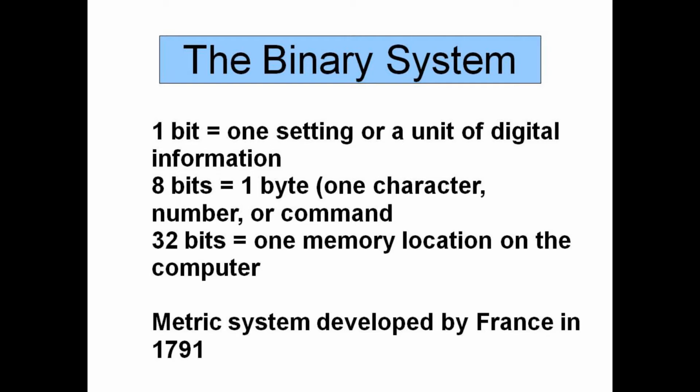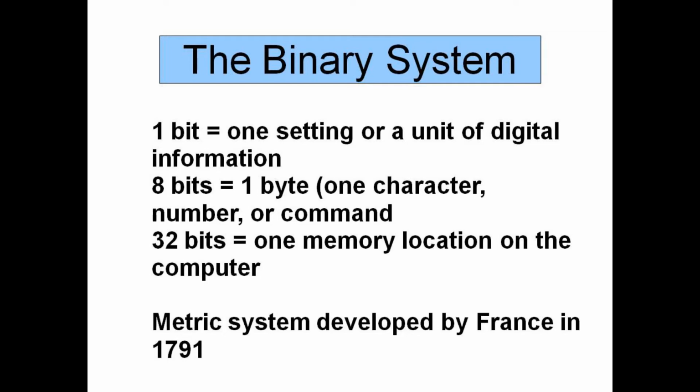So 32 bits is one memory location on the computer if it is classified that way. In the same turn, if you have a computer that is 64 bits, that is one location and how much it reads at one time at a real quick glance. So that's all that means.